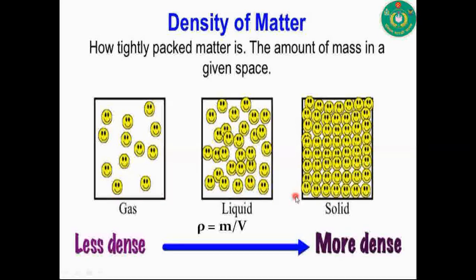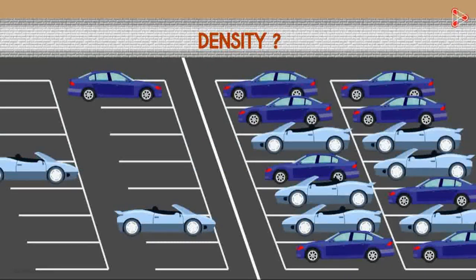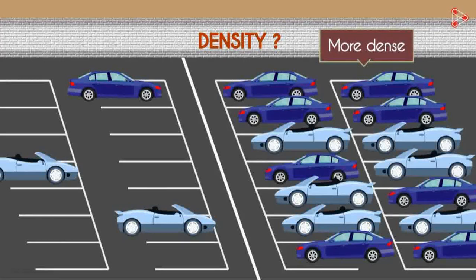For a clear concept, I show you a video clip. Look at these two parking lots of the same size. One has 3 cars and the other has many cars. Which one is more dense?